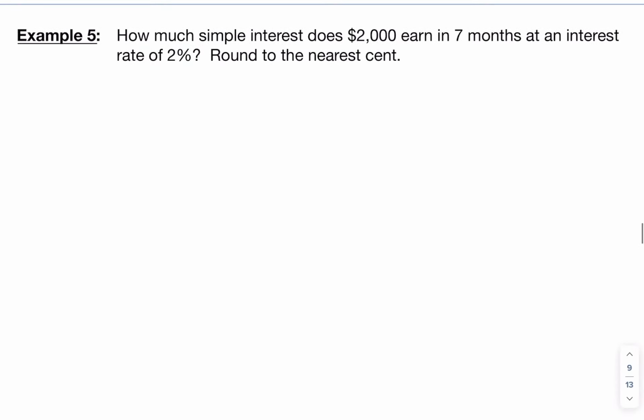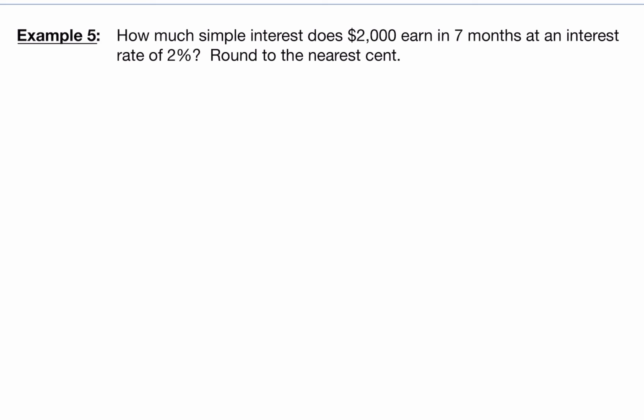Okay, so let's go ahead and move on to example 5. We're now asked to determine how much simple interest $2,000 earns in 7 months at an interest rate of 2%.